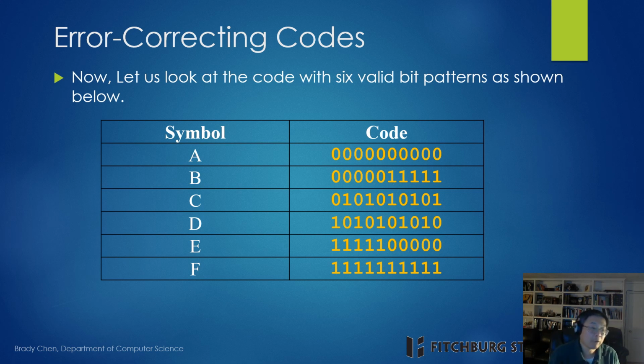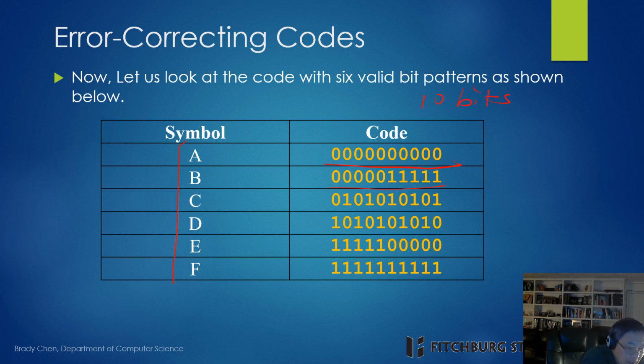We only pick 6 letters and map each of the letters to one of the bit patterns in this code. The first one, A, maps to all 0. Remember, these are all 10 bits. And B is defined as this.